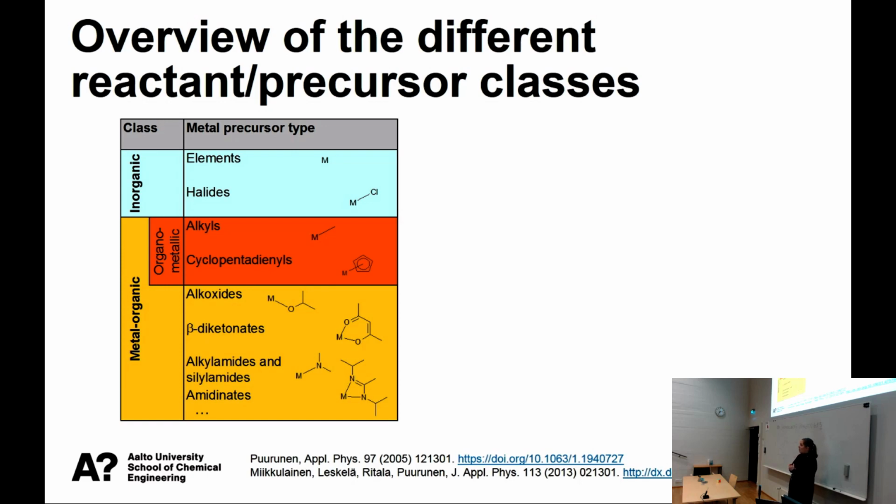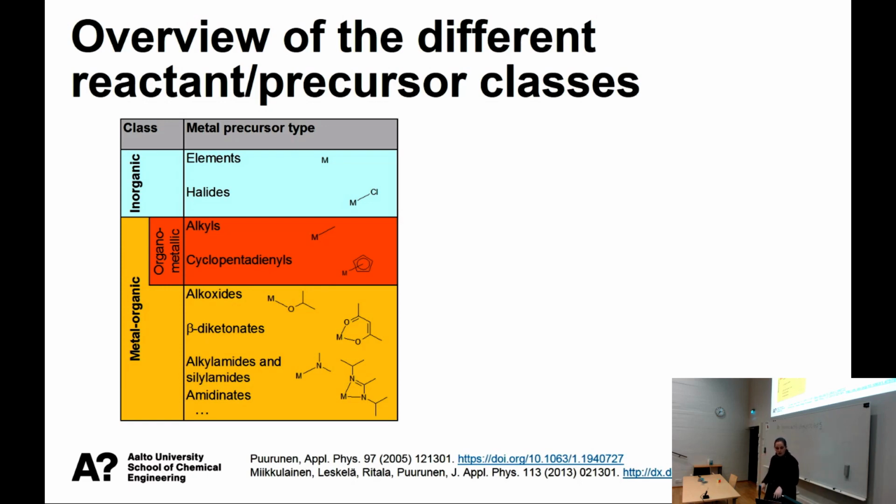Organometallic compounds, where you have a direct bond between carbon and the metal. Trimethyl aluminium is the prototypical one. Also, cyclopentadienyl compounds, these are the kinds that are used as polymerization catalysts, but they can also be used as sources in ALD. And then different types of compounds with oxygen or nitrogen or sulfur bonding to the metal.